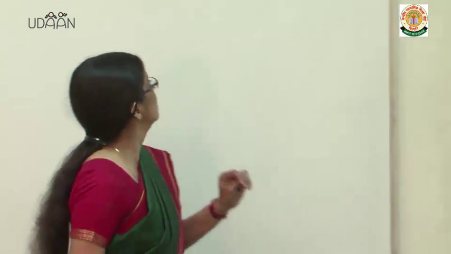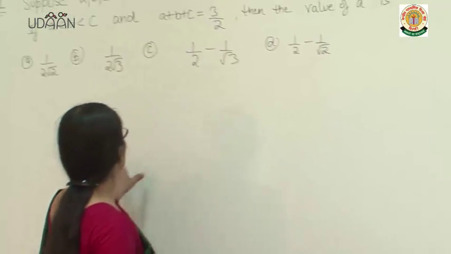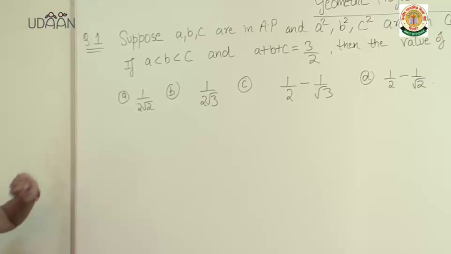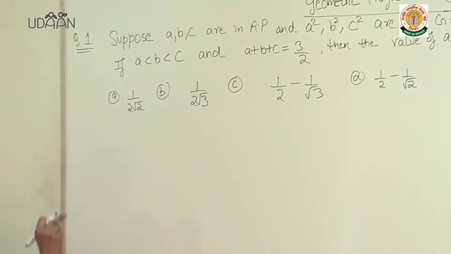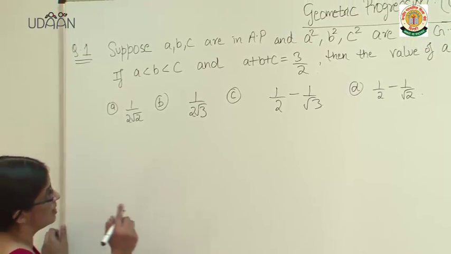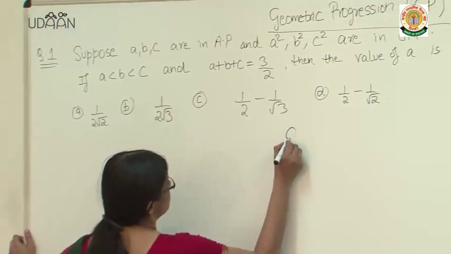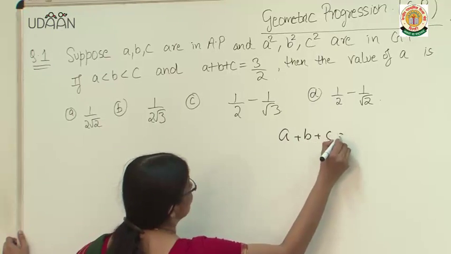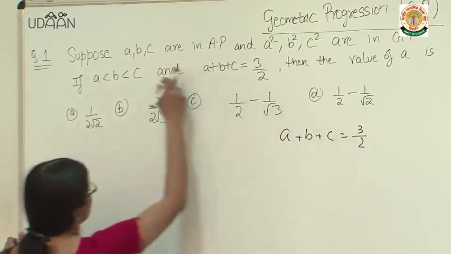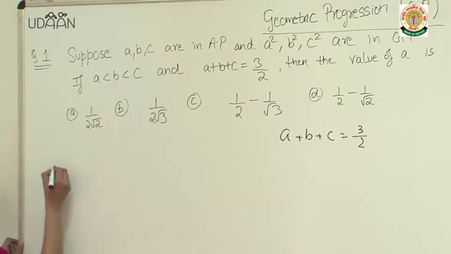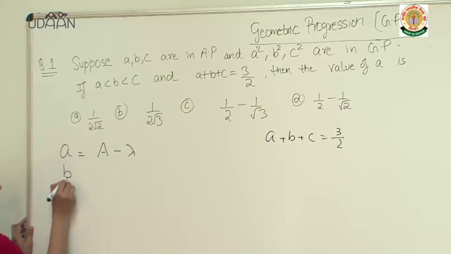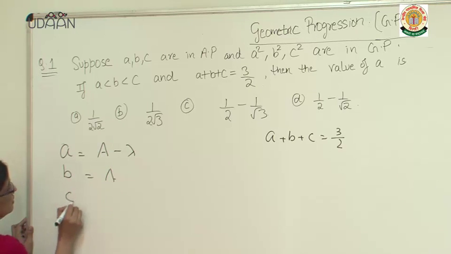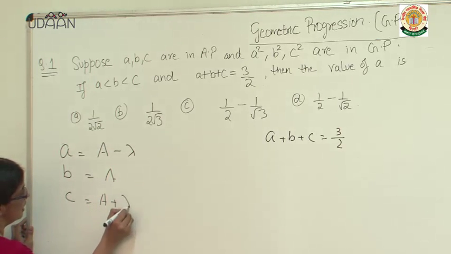Let us proceed to the solved examples. First question, it's on the board. Given a, b, c are in arithmetic progression and a square, b square, c square are in GP, given the condition a plus b plus c equal to 3 by 2. Since a, b, c are in arithmetic progression, we can take a as a minus lambda, b as a, c equal to a plus lambda.